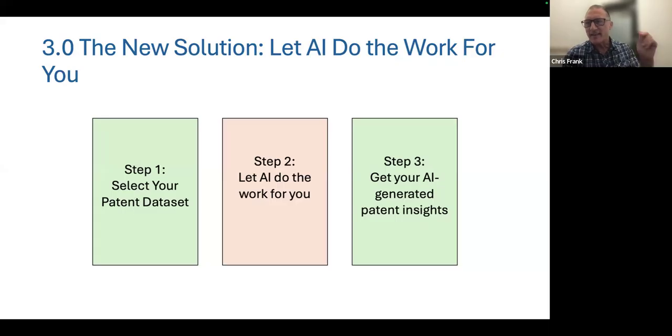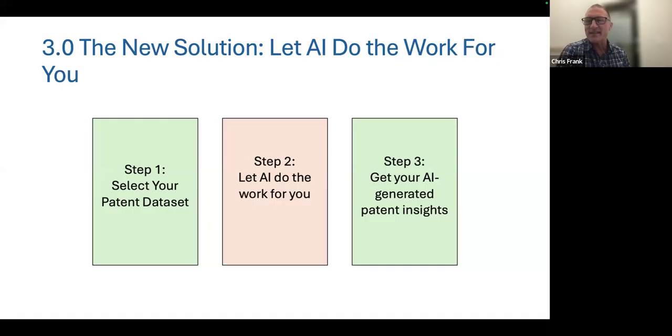It is feed this patent, tell me what problem it's addressing, tell me how it's solving that problem, repeat for the next one, repeat for the next one, repeat 100 times, repeat 1,000 times. It's a repetitive process, but it requires a level of intelligence that AI now appears to have the ability to perform at. And so it is a perfect use case for AI. So step 2, let AI do all of that boring work.